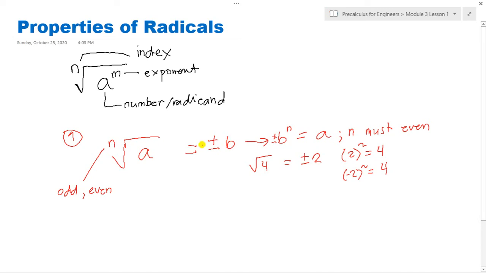And it is not always a perfect square. Hindi sa lahat ng pagkakataon na yung a natin dito is a perfect square. Kasi meron pa rin tayong square root of a certain number, pero irrational siya. In this case, yung binigay ko lang is a perfect square number, which is 4.